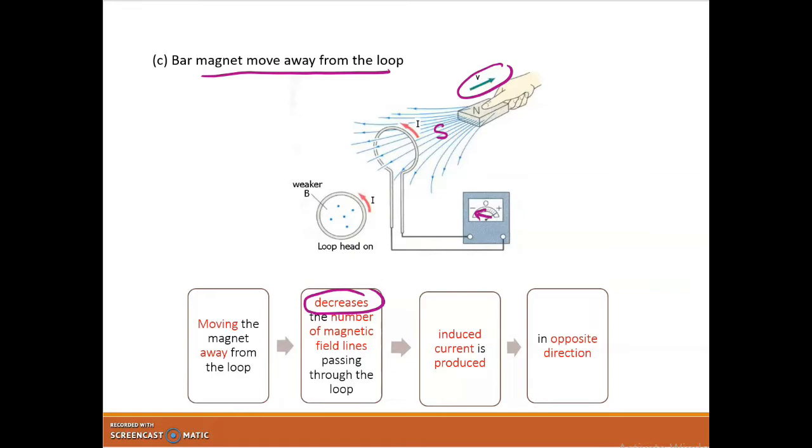So then this one will behave like a north pole. And then our induced current will be produced. Okay, so using our right hand grip rule, our induced current in the coil is in an anti-clockwise direction. So our galvanometer will be deflected to the left, indicating that there is induced current produced in the circuit.